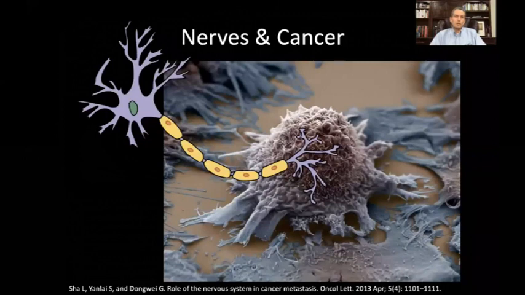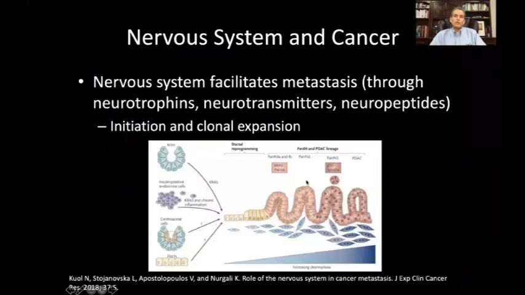Again, I'm not going to go in depth on this because I think we covered it a bit in the Law of Life, but the nervous system has a strong impact upon cancer. If you cut nerves that go to the center of a tumor, the tumor changes how it behaves. The nervous system is involved in every step along the way of cancer's development, progression, and metastasis, and its final triumph, through its secretion or production of neurotrophins, neurotransmitters, and neuropeptides.